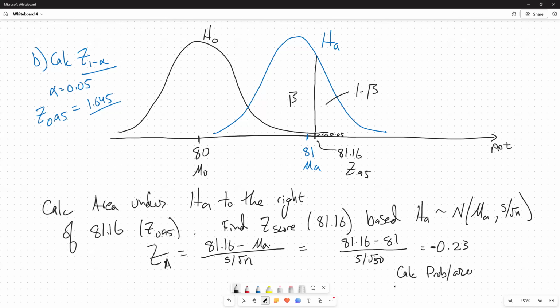That's not negative, so it's positive. Okay, great. So we are just a little bit on this side, really close to the mean. We're just on that side of the mean.